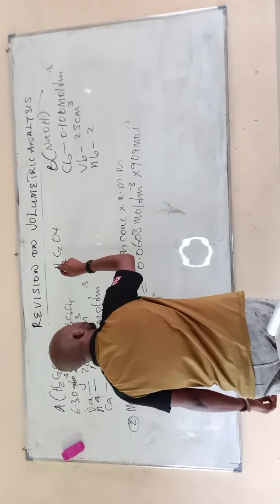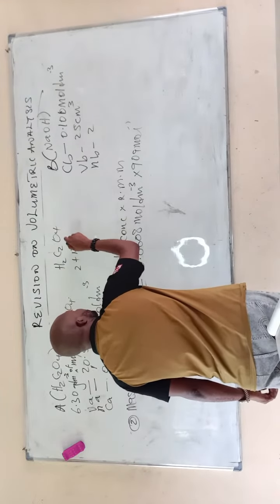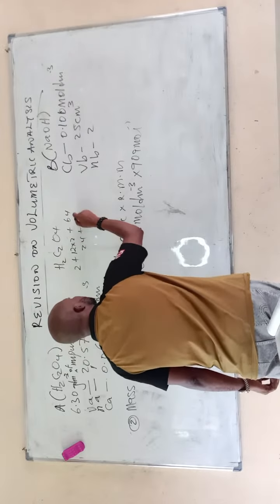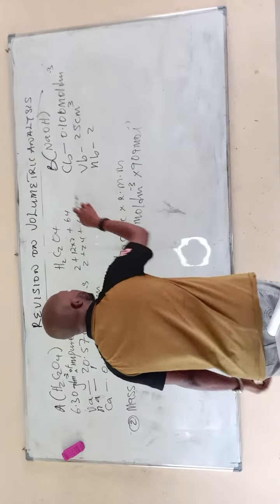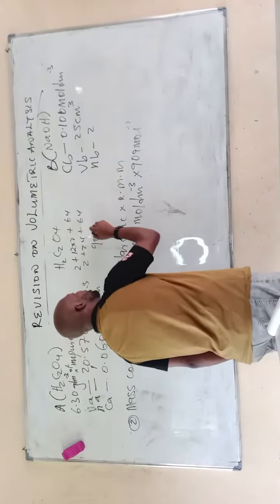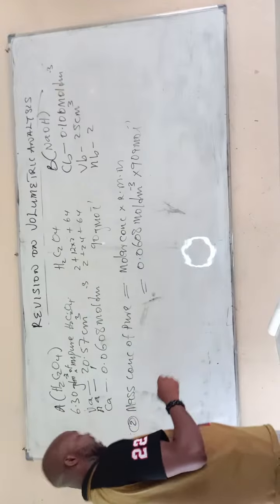H2C2O4: hydrogen is 1 times 2 is 2, plus carbon is 12 times 2, 24, plus 64. So that's how we got 90 g/mole for the relative molecular mass of ethanedioic acid.